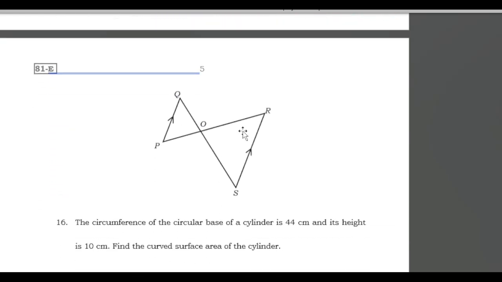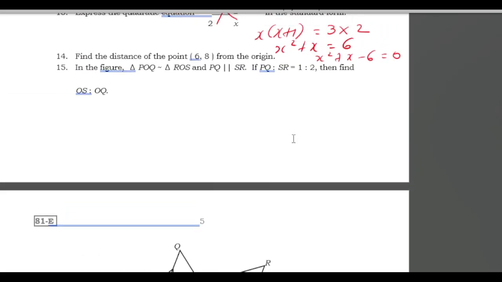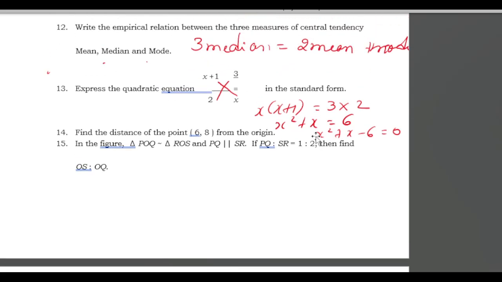Next question is about the figure, triangle PQR. One more question, the 14th, I will do here only. Find the distance between the origin and the point 6 comma 8.